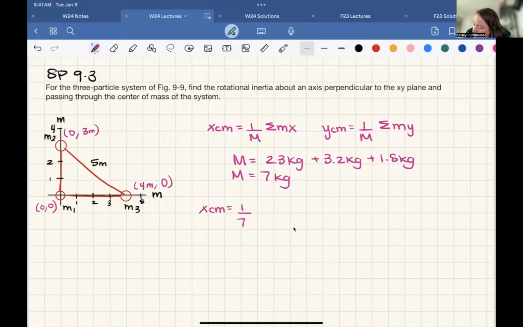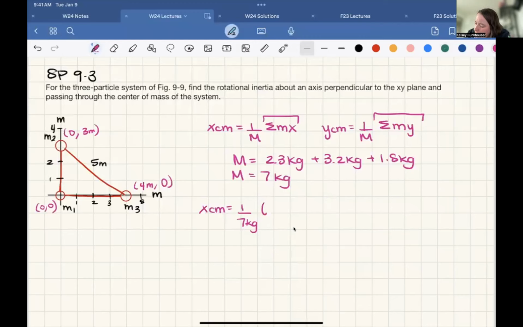So 1 over 7 kilograms times mass 1, which is at the origin. So it doesn't get included in the mass times X or Y position part, but it is included in the overall mass. So let's ignore that one. And then mass 2, its X position is 0, so actually we're going to ignore that too.